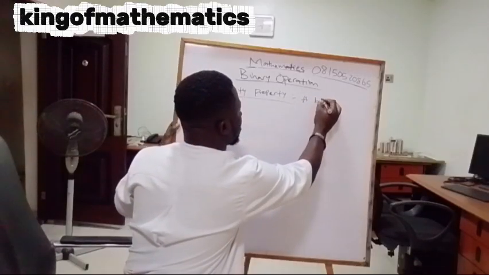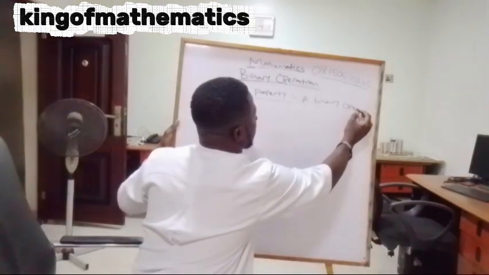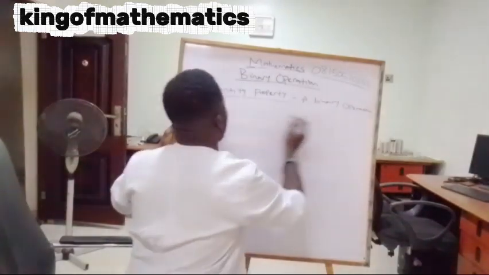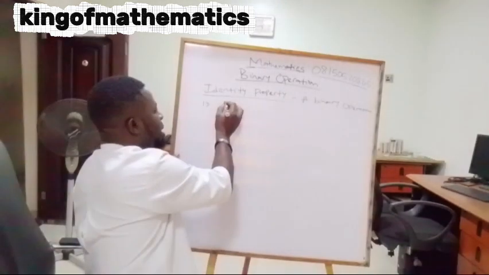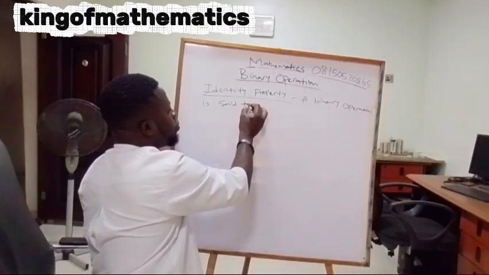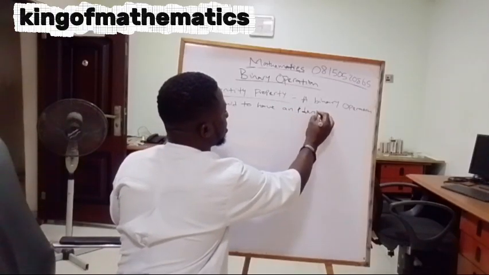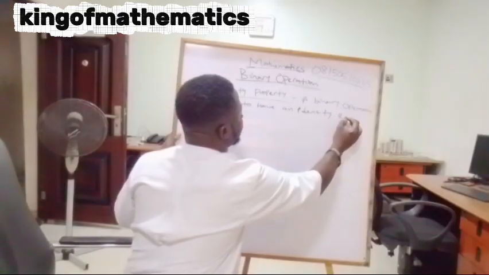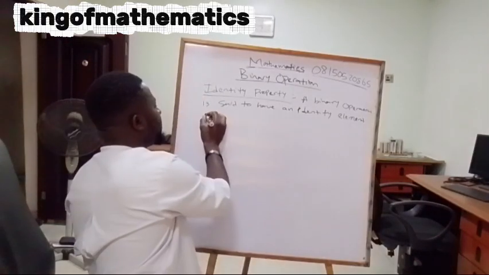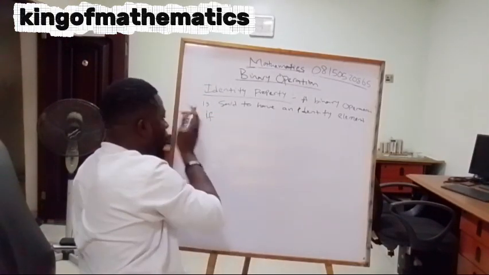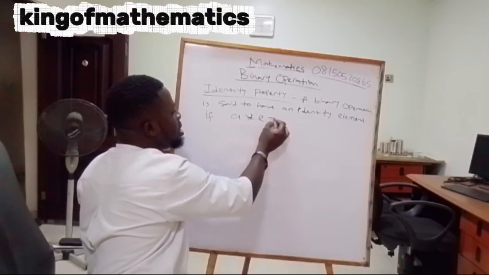A binary operation is said to have an identity element if A operation E is equal to A.